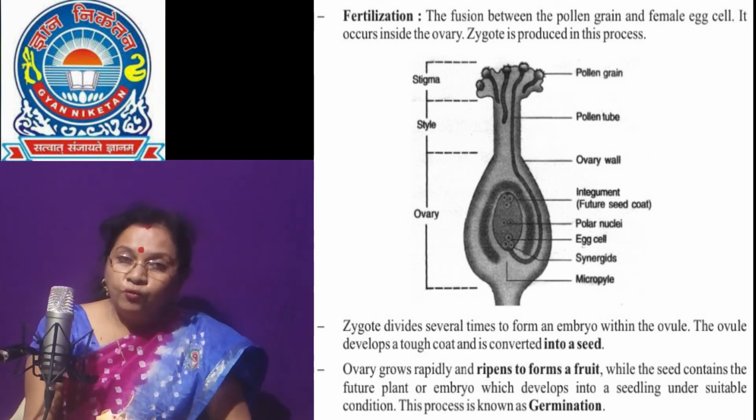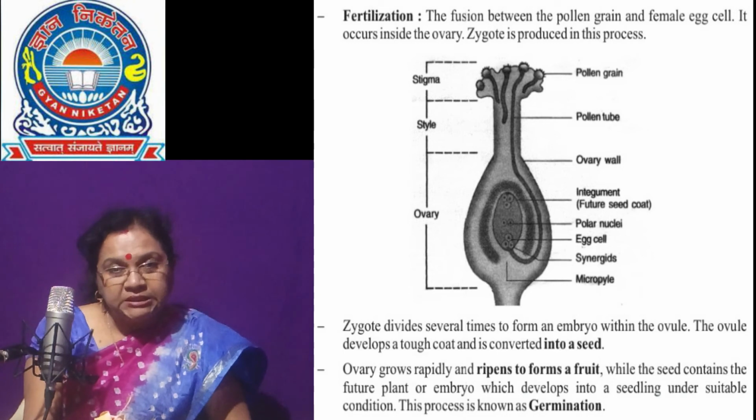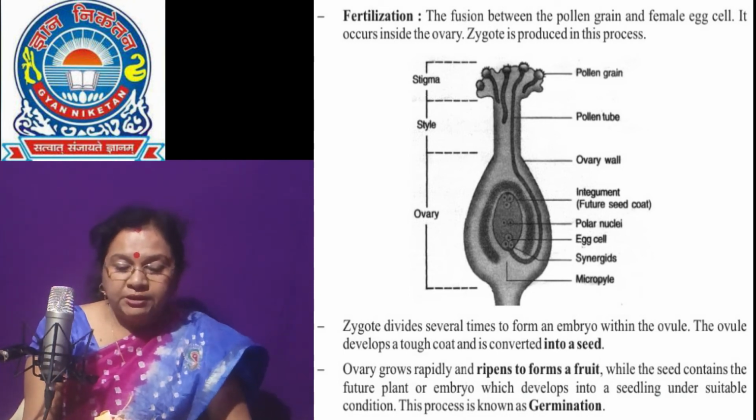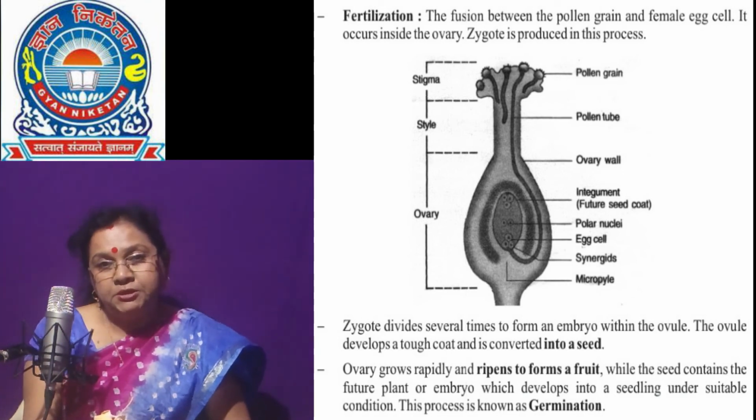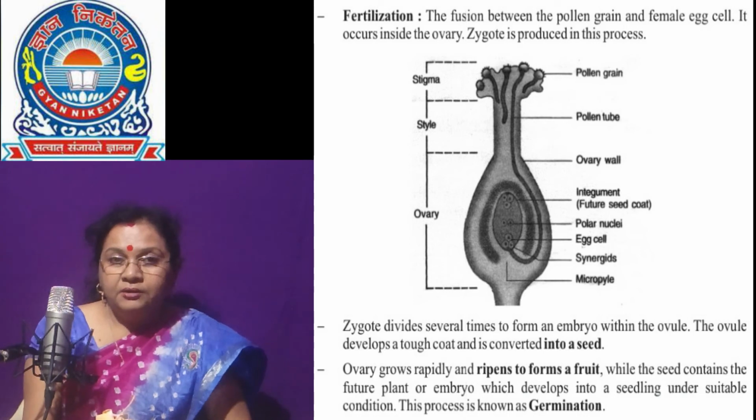The ovule is transformed into the seed, the ovary is transformed into the fruit, and the integuments form the seed coat. The other parts, petals, sepals and stigma, dry, shrivel and fall off, and only the fruit is held up by the pedicel.